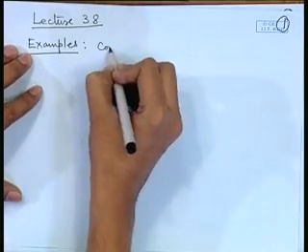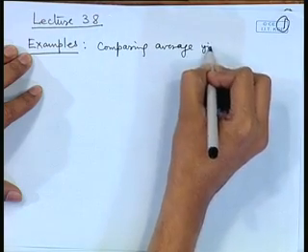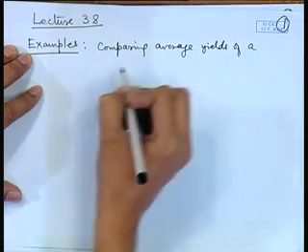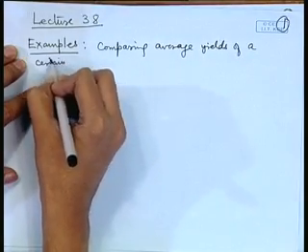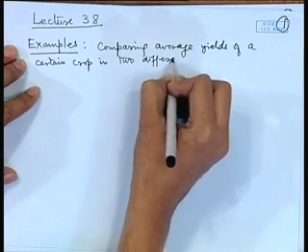Suppose we want to compare the average yield of a certain crop in two different states. We may have a random sample taken from the two states. So we are comparing average yields of a certain crop in two different states.